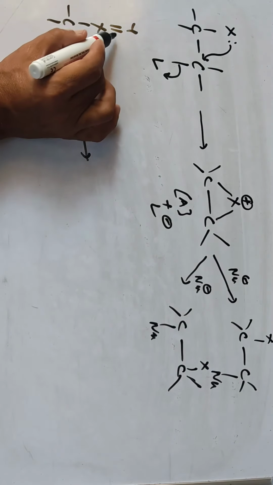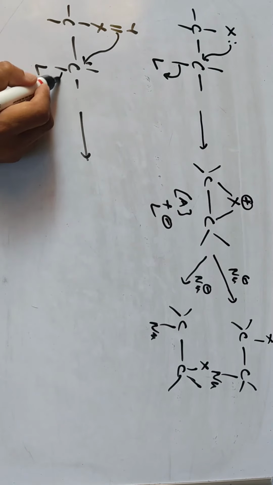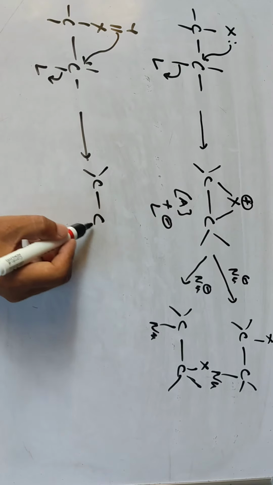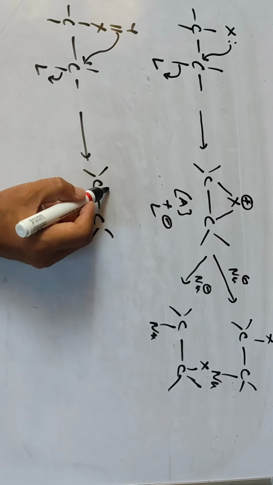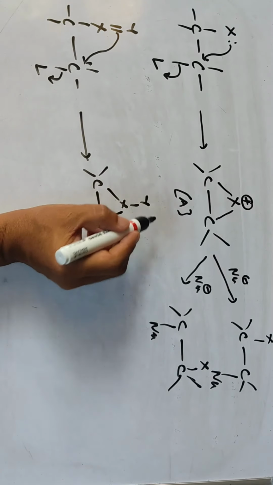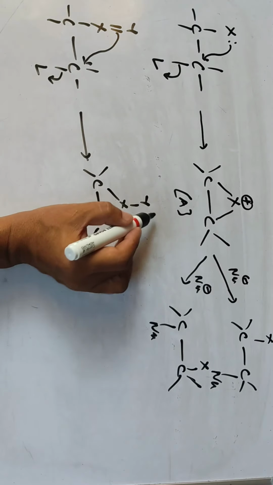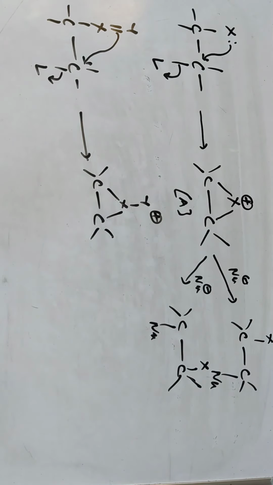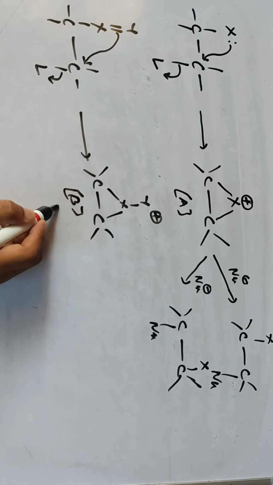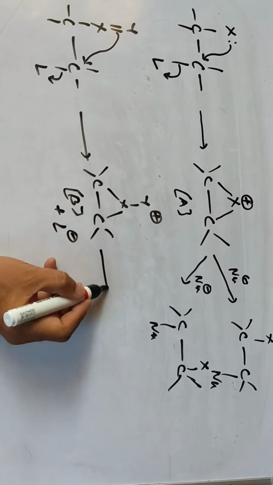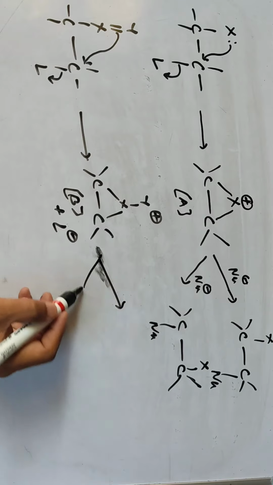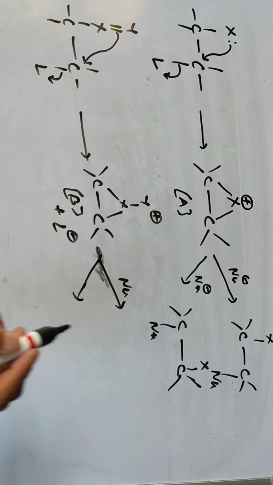Here also it is the same case: it attacks and L leaves, giving intermediate B, where Y becomes positively charged, plus L negative charge, the leaving group. Now the nucleophile can attack in two ways, similar to the earlier case.